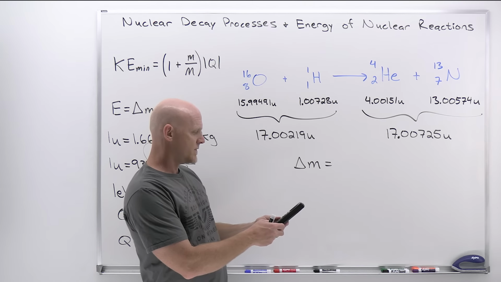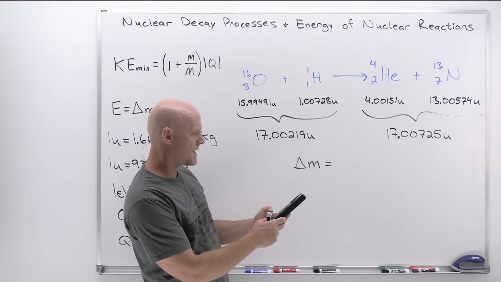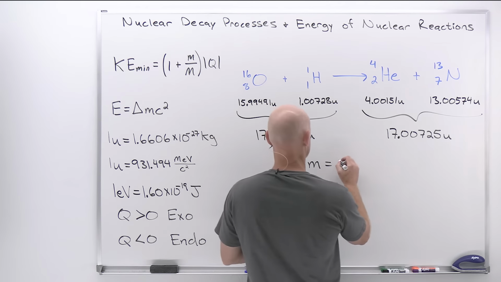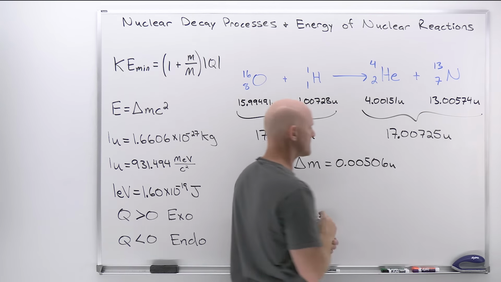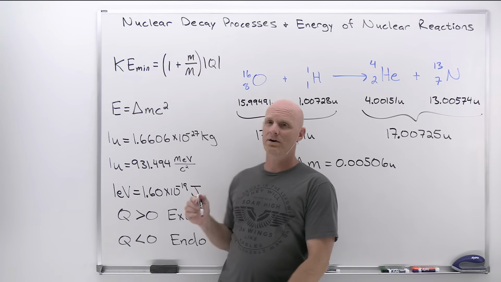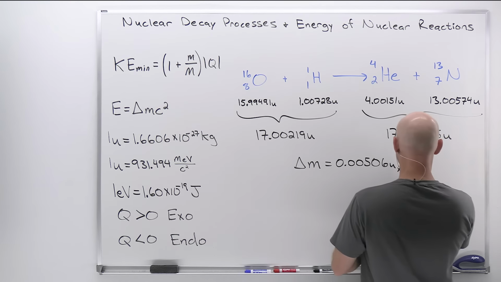So if we take 17.00725 minus 17.00219, we're going to get 0.00506. So again, that's in unified mass units. And then we'll just use this conversion factor right here to convert it to mega electron volts per speed of light squared.